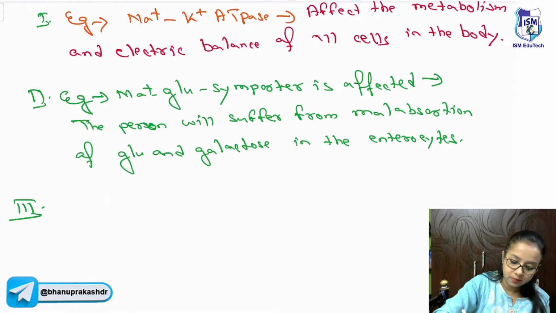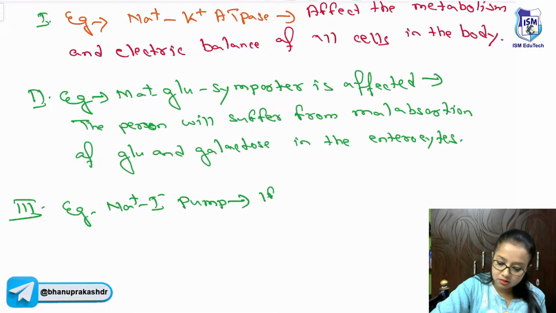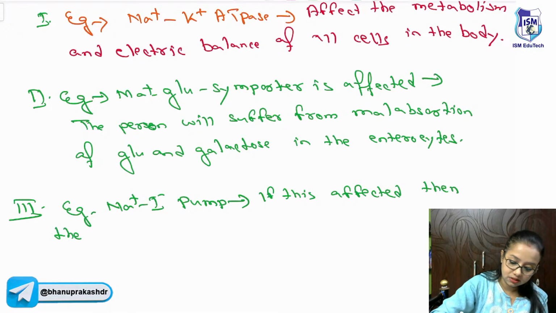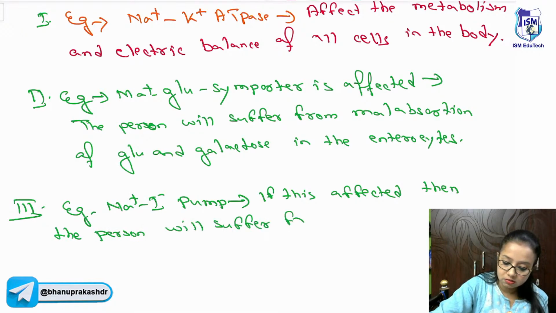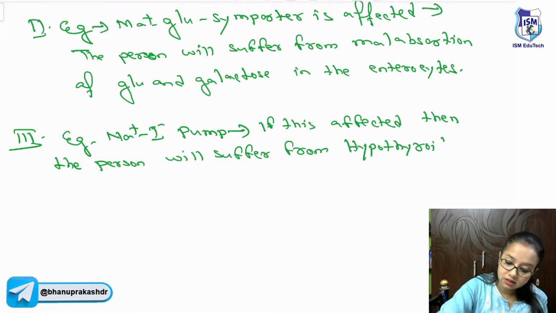Third example, sodium iodide pump. So, if this is mutated or affected, then the person will suffer from congenital hypothyroidism.